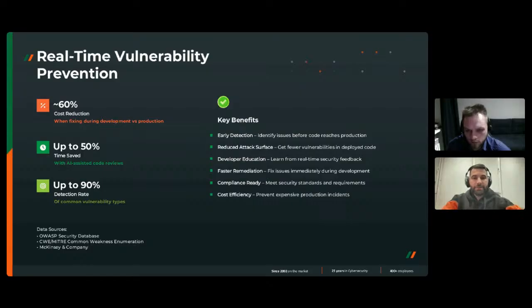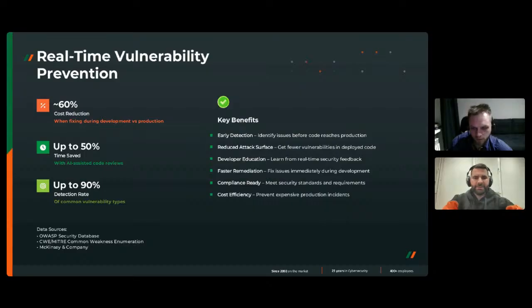Our teams are also reporting saving around 50% of their time through AI-assisted code reviews. Instead of waiting for manual checks, developers just get fast insights right inside of their workflow. And some AI researchers claim detection rates up to 90% for common vulnerability types.